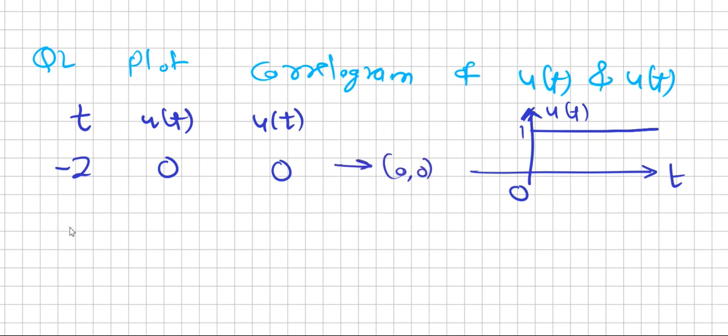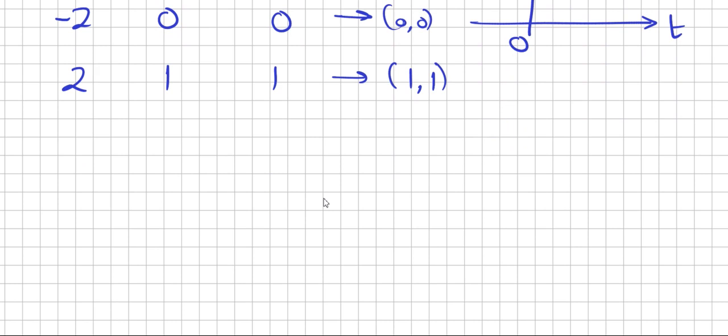0, 0 are the coordinates. Now if I take some positive value of t, let's say 2, then u of t has value 1, 1. So I got one more coordinate, 1, 1. As some coordinates are available, I can plot the correlogram.